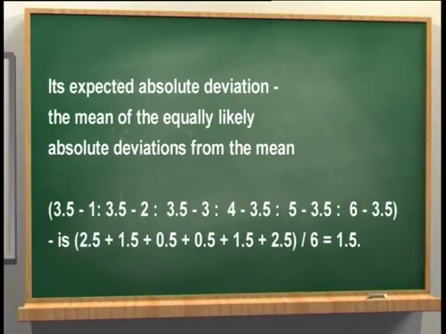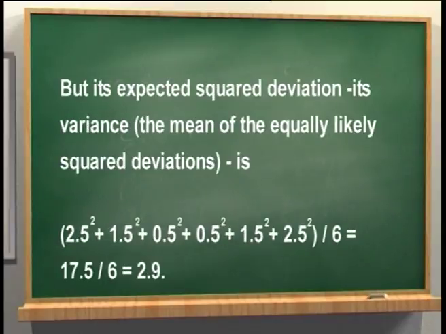Its expected absolute deviation, the mean of the equally likely absolute deviations from the mean, is (3.5 - 1, 3.5 - 2, 3.5 - 3, 4 - 3.5, 5 - 3.5, 6 - 3.5), that is (2.5 + 1.5 + 0.5 + 0.5 + 1.5 + 2.5) divided by 6, and the value is 1.5.